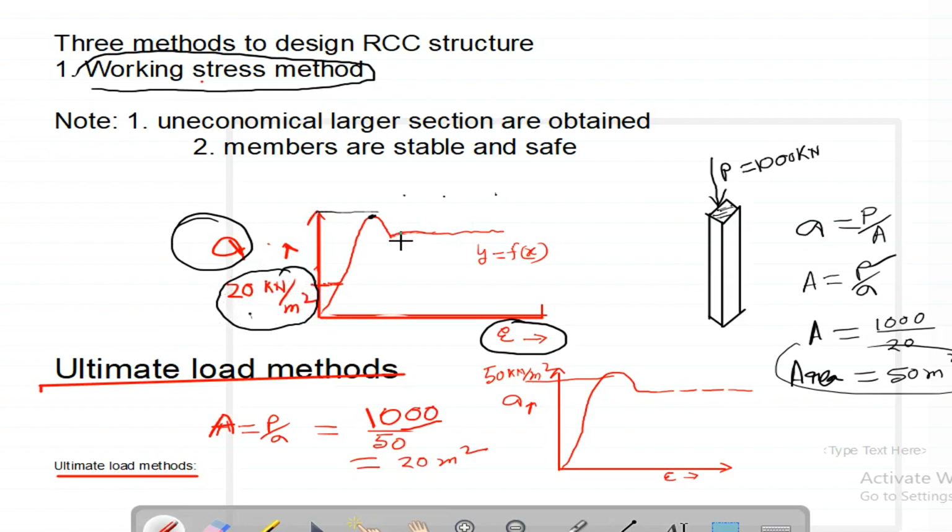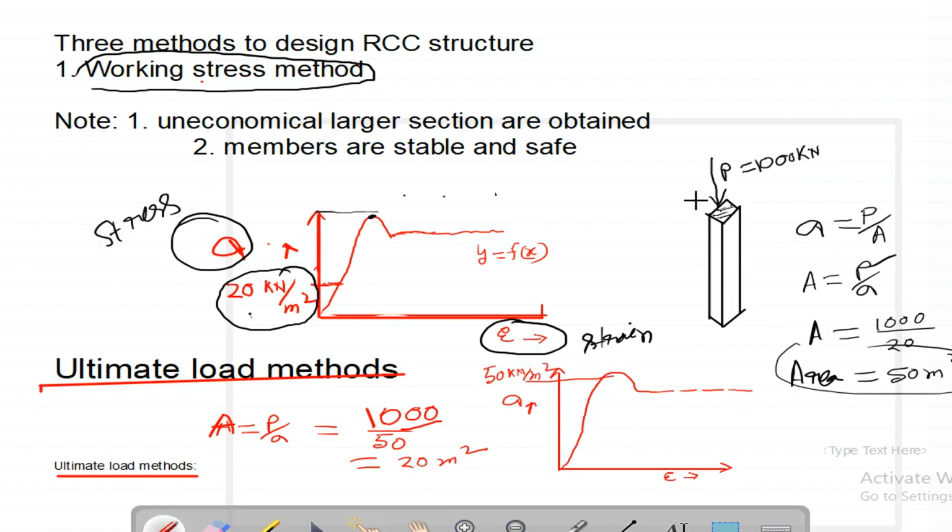So here you can see in the x-axis we have strain, and in the y-axis we have stress. We always take strain on the x-axis because strain is generated first as compared to stress.